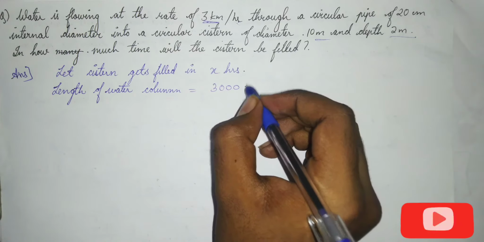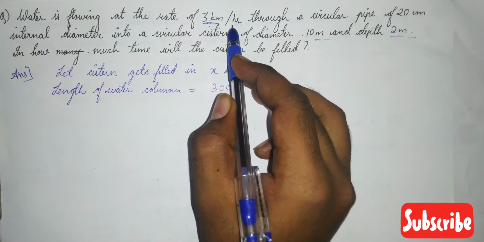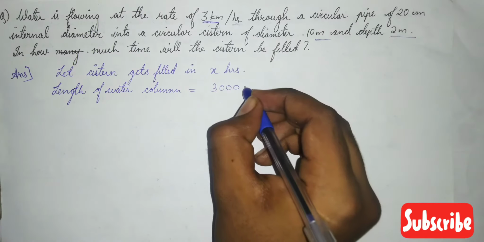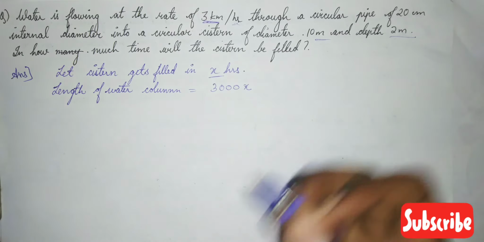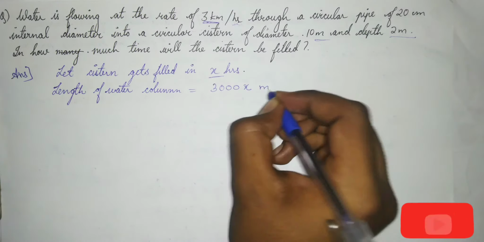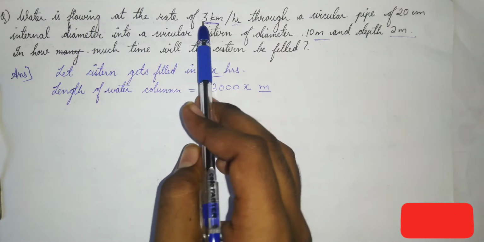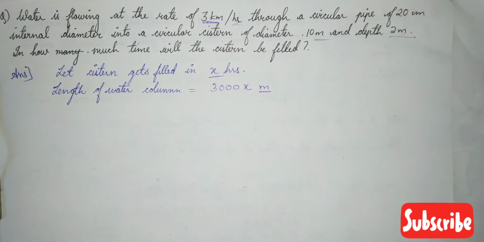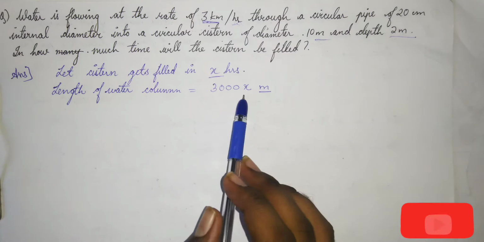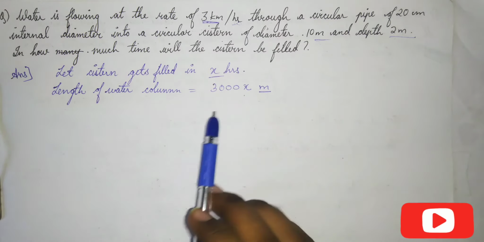Here we don't know the time, so we'll consider it as x hours. So we can write it as 3000x meters. Why x meters? Because 3 kilometers converted into 3000 meters, multiplied by the time taken, which is x.